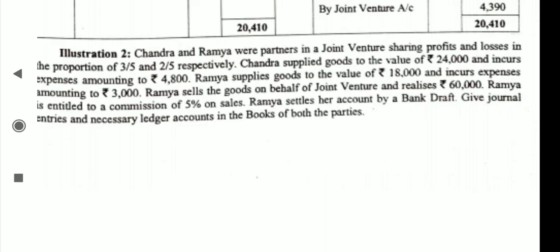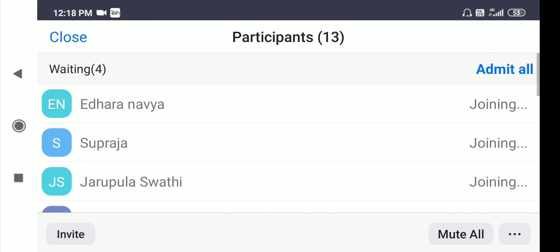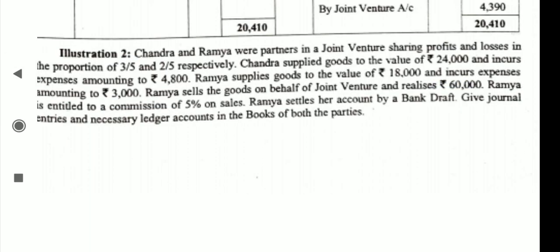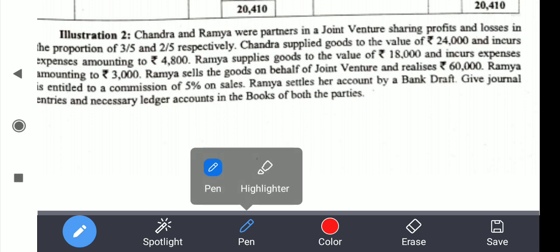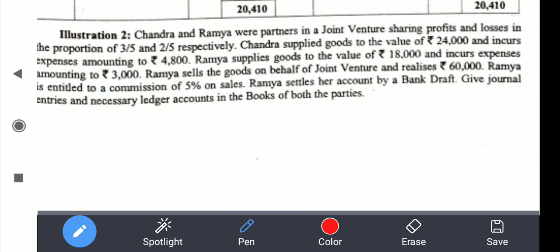We are all in the process of learning joint venture account. Last class we solved one problem on joint venture account under the method of no separate set of books for the joint venture, which means all the co-ventures maintain the books.